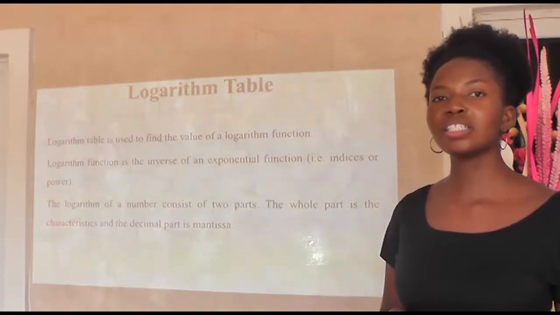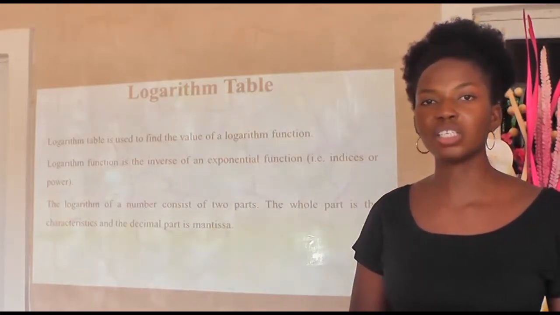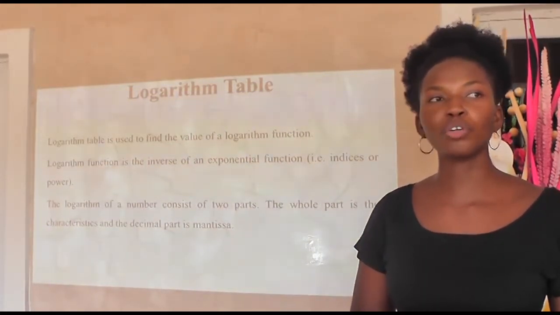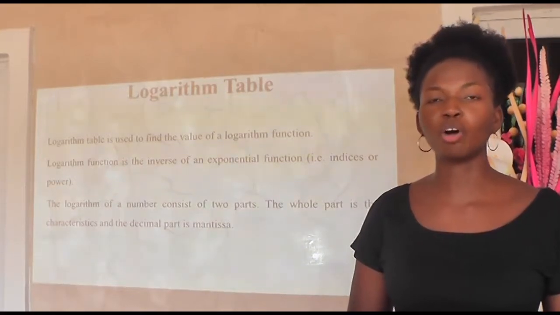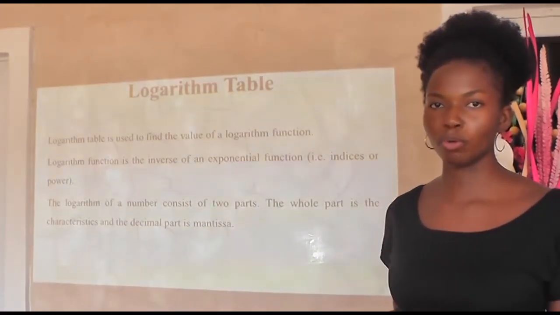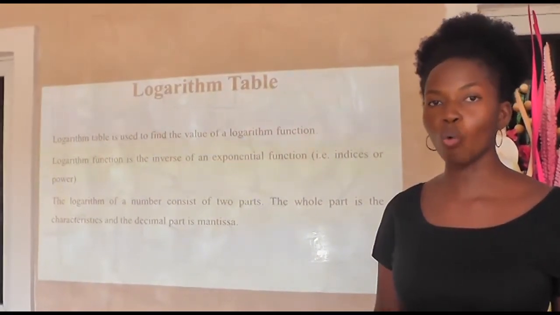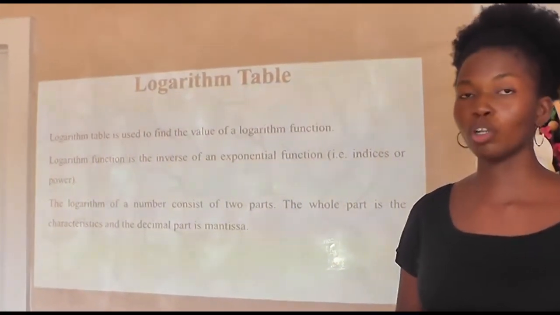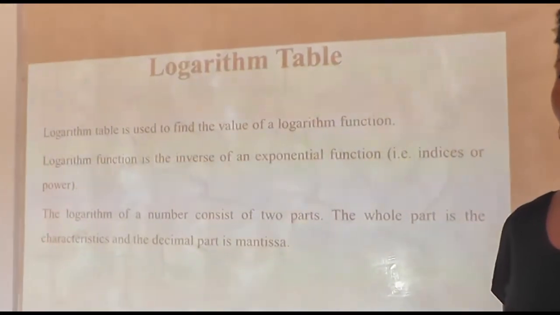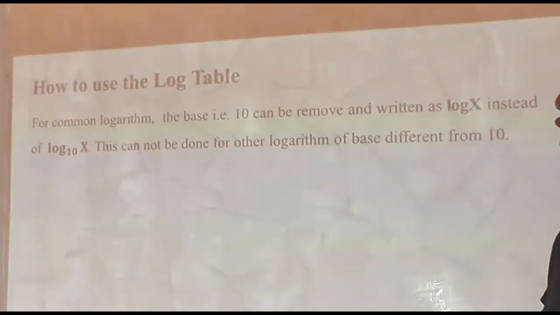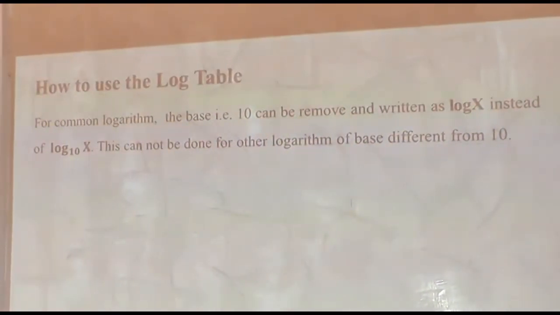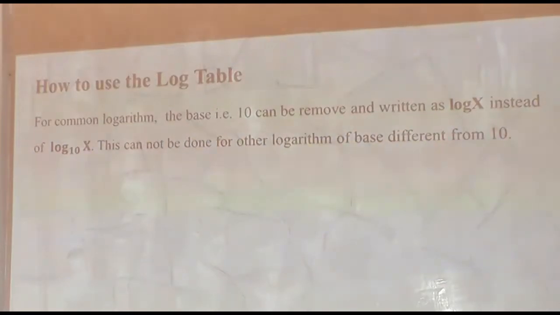Now we can find the actual value of the logarithm functions of these numbers with the help of the logarithm table. The logarithm of every number will not always be a whole number, like we looked at in the laws of logarithm. So we are looking at how to use the logarithm table.